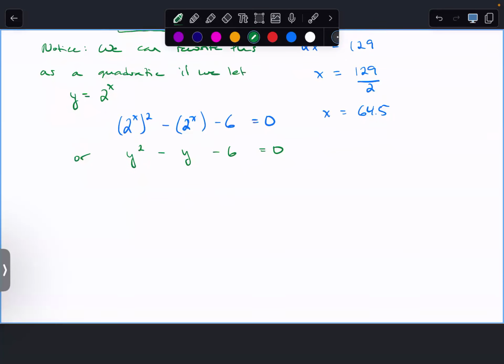So here, now I can say, okay, y is negative b plus minus the square root of b squared minus 4ac over 2a. A is 1, b is negative 1, and c is negative 6.